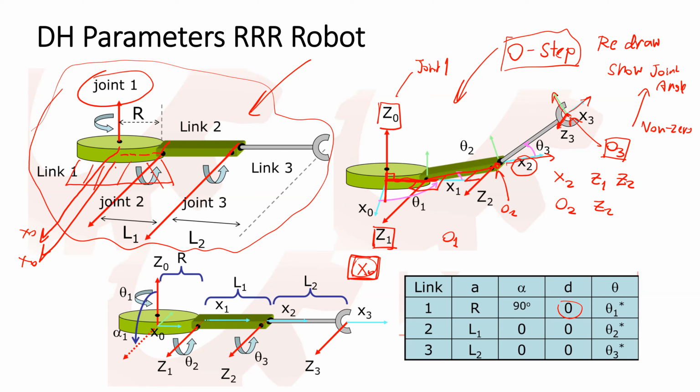In general, we may have two ways to select the direction for the end effector frame. The first way, we just set it so that we can obtain as many zero values of the parameters as possible, which means we will try to set the end effector frame in the same way we set the previous frame.